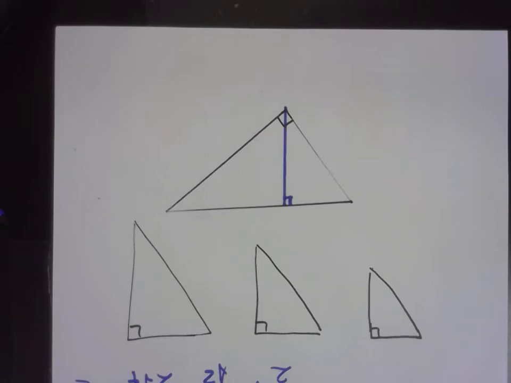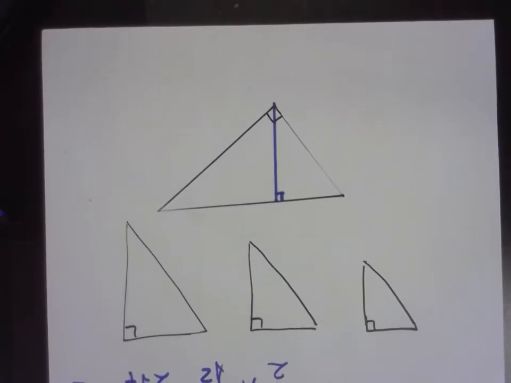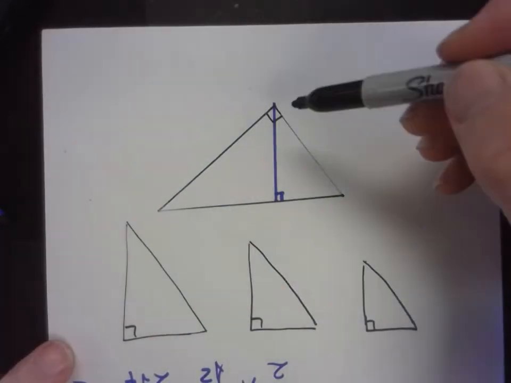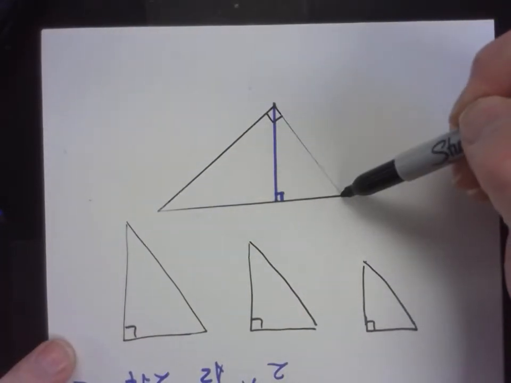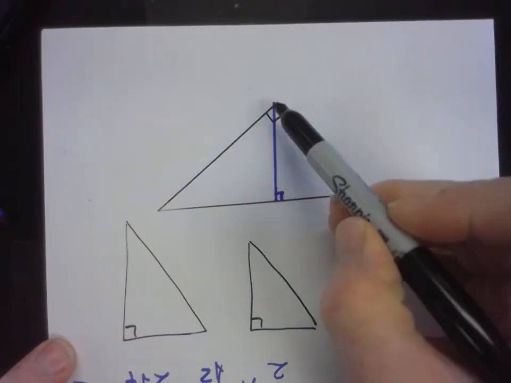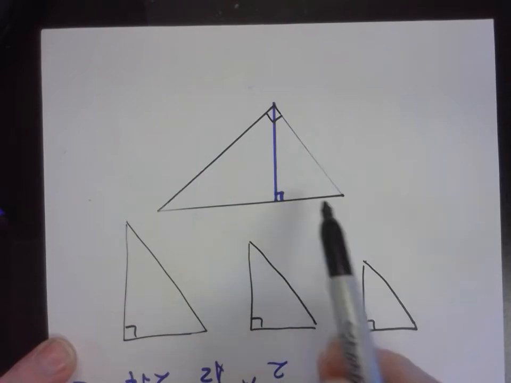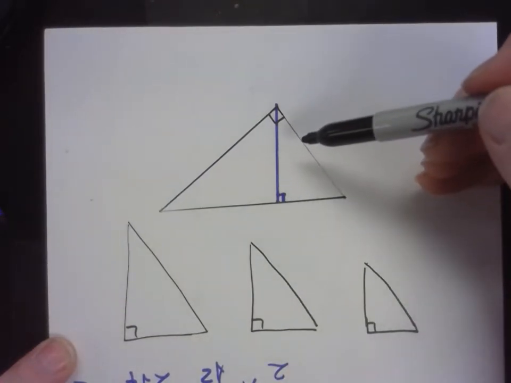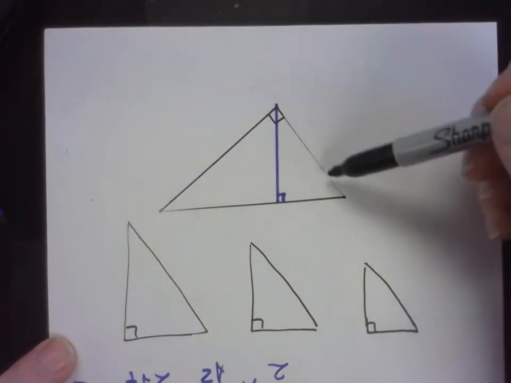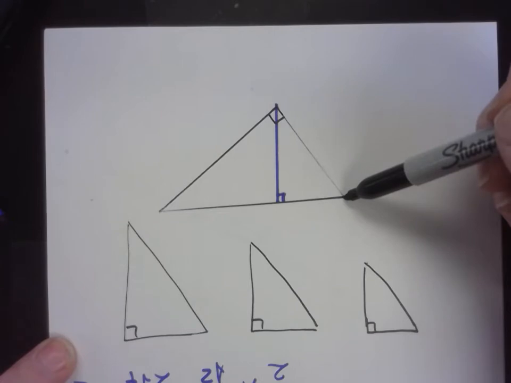Okay. Now, I'm going to do some labeling here. If I look at the big triangle, see how this is the short leg? And this one is the long leg. But if I look at the little triangle, then what is this one? It's the hypotenuse.